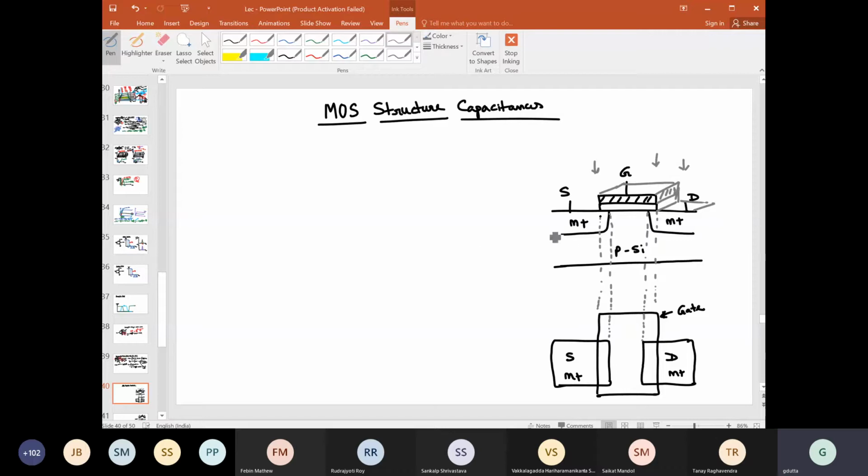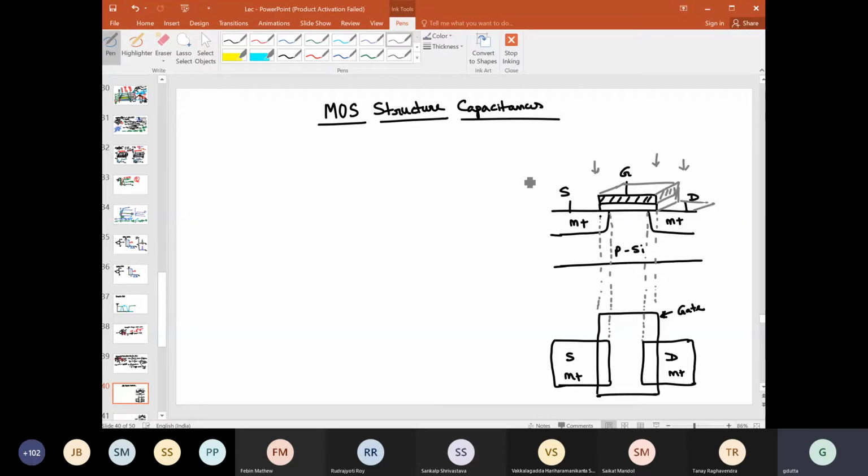Now, if this MOSFET has been designed or fabricated using the self-aligned technology, I think I have discussed it in your devices laboratory class. For this course also, we need to discuss this self-aligned technology in a bit more detail when we discuss the fabrication part.